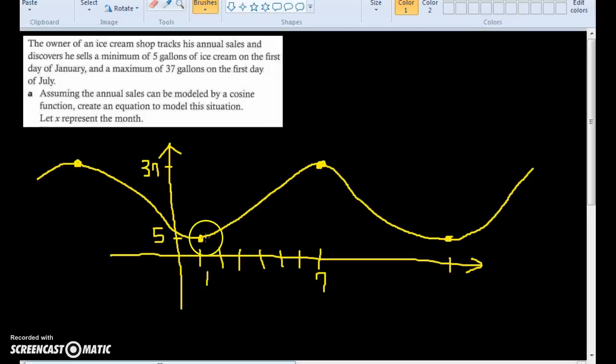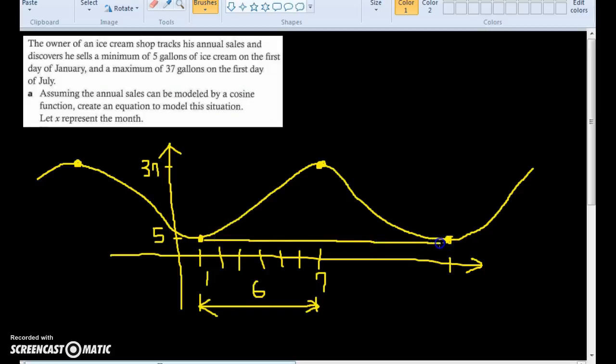This is only half of it. If it takes 6 months to get there, how long is it going to take for me to get to the next minimum point?